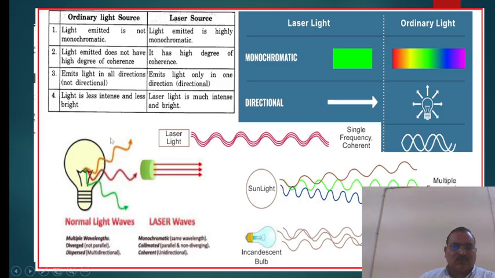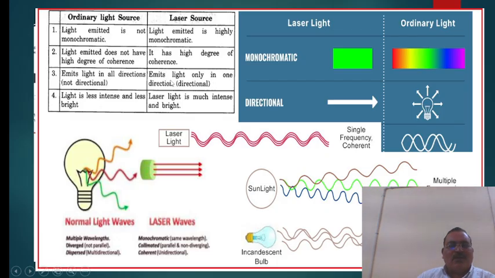Normal light waves we are observing in this bulb have different wavelengths, different frequencies. But the laser source emits light only in one direction, unidirectional and highly directional.